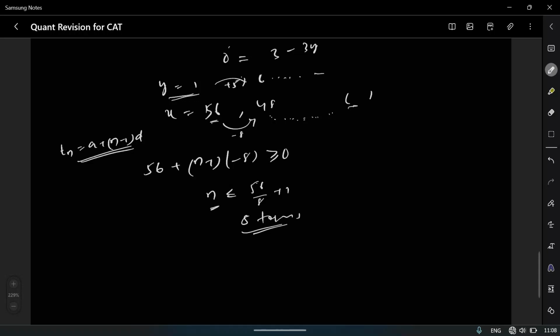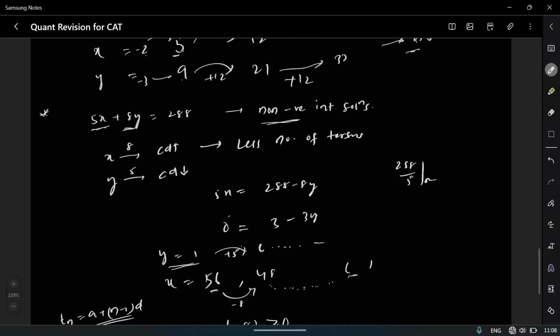Since n is an integer, we are getting 8 terms. So this is how you can do this. When the common difference is more, we get fewer terms, and we can find the number of solutions easily.